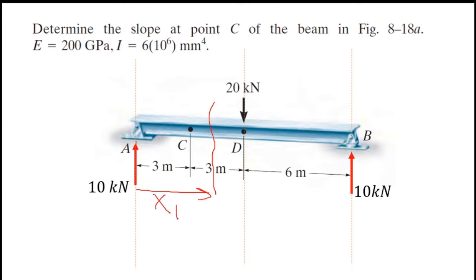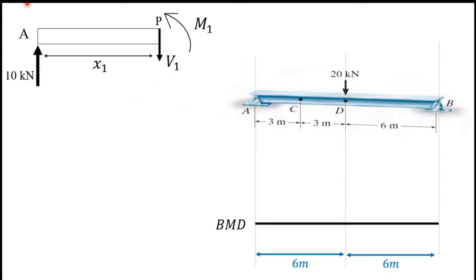Next I will draw this small part alone. You can see the part of the beam. I mark the distance as x1, this is the support reaction at A, this is the shear force marked as V1, and M1 is the bending moment, and I mark this point as P.